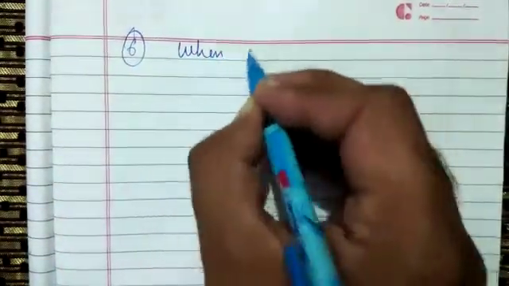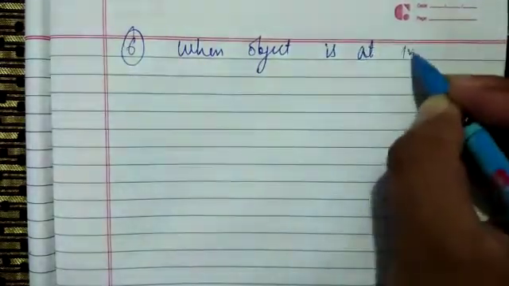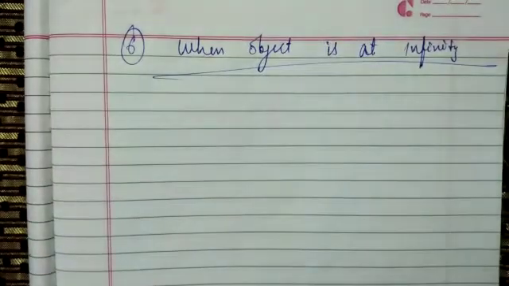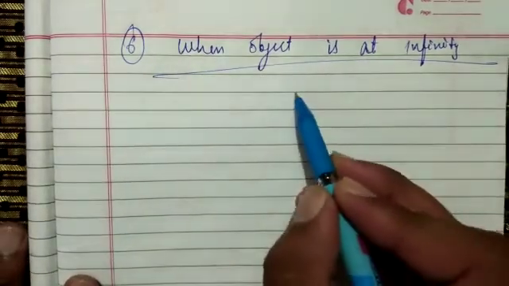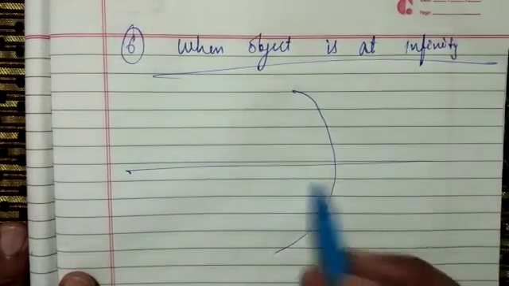So let's move on to the last one, the sixth ray diagram, when the object is at infinity. For the object to be at infinity, we must show the light rays.